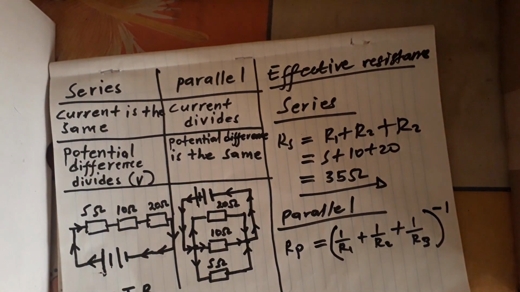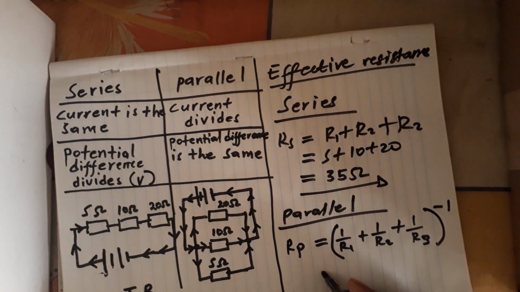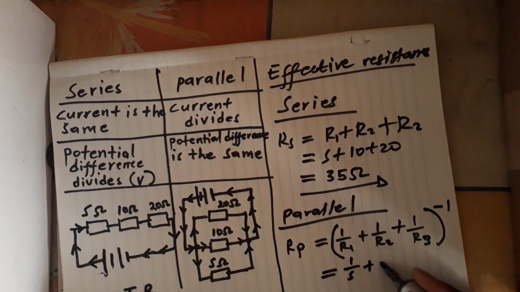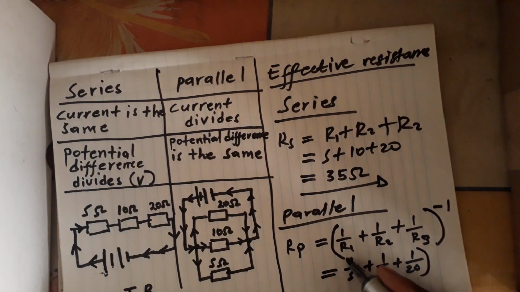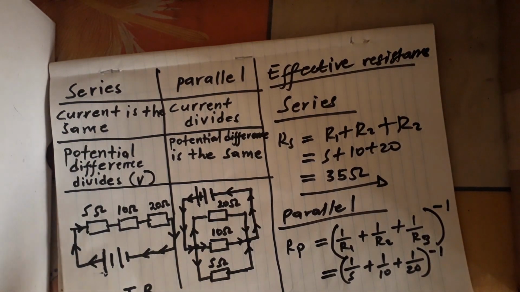This is the formula. So let's calculate the effective resistance here. We're going to say 1 over 5 plus 1 over 10 plus 1 over 20, all to the power of negative 1.